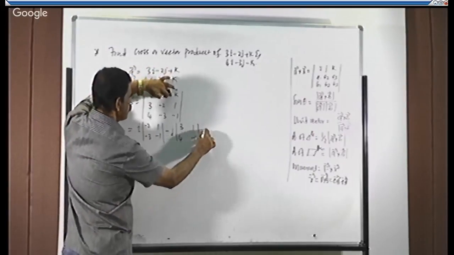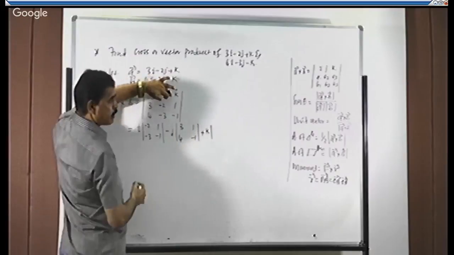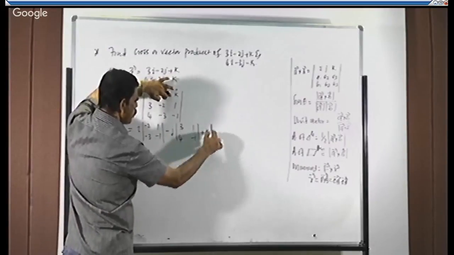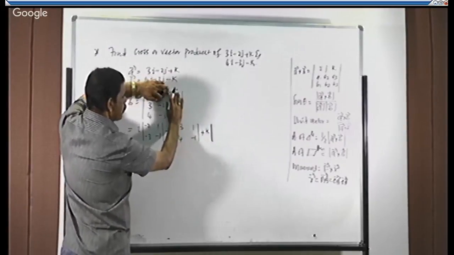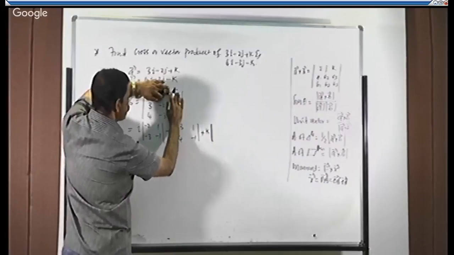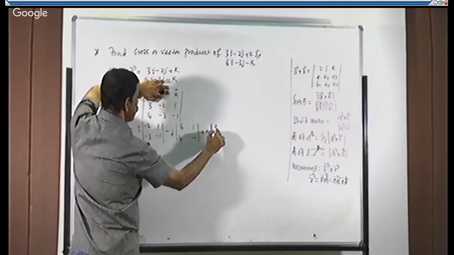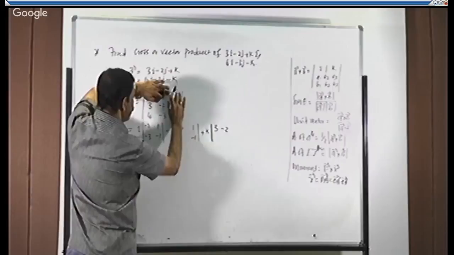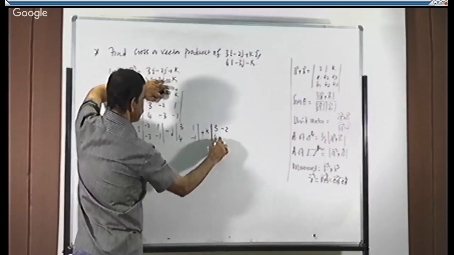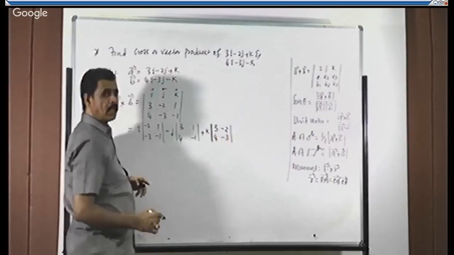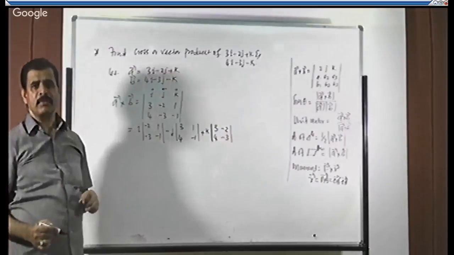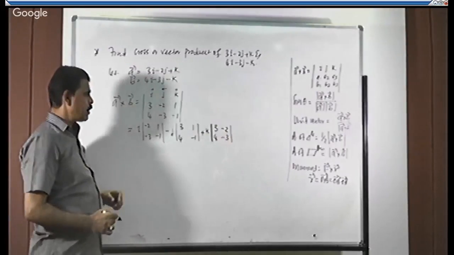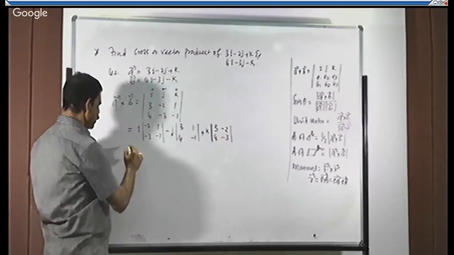Third element of the first row is k. Leave the corresponding row and column of k. The other elements are 3, minus 2 and 4, minus 3. This is the expansion of the third order determinant.